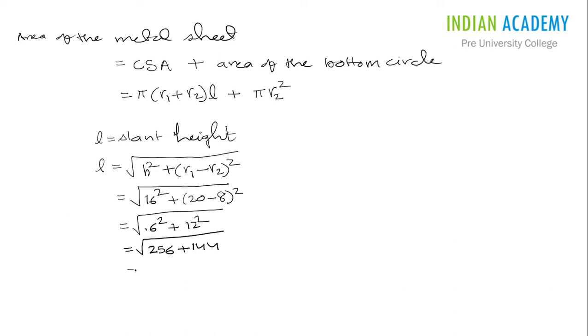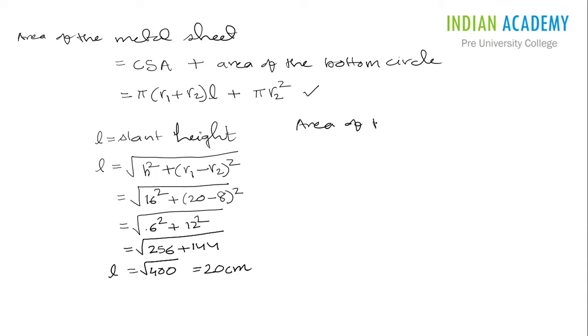Total comes out to be 400. So square root of 400 is 20. Unit will be centimeter because it's a slant height. I am going to use this L in this formula. So we will get the area of the metal sheet.